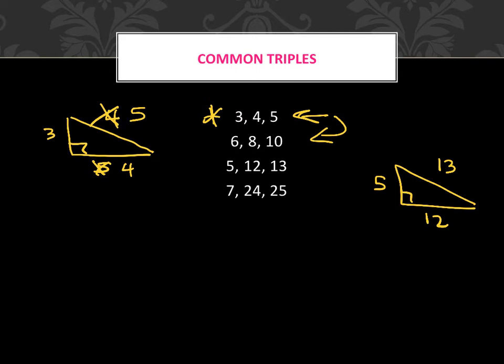So the largest number is always going to be your C. So this could be A, this could be B. It doesn't matter if the 3 is the A or the B, or vice versa for the 4. But the hypotenuse is always going to be the biggest number, the C.